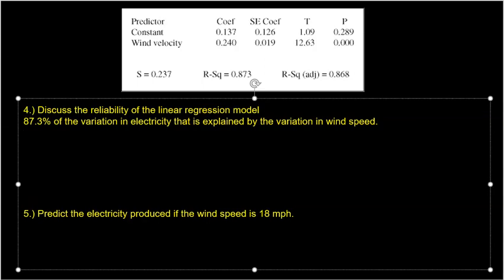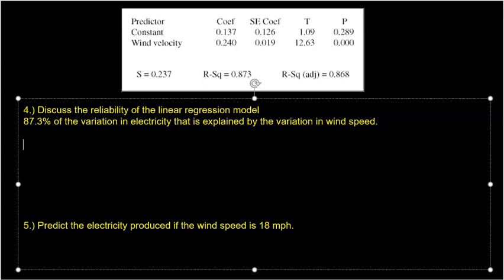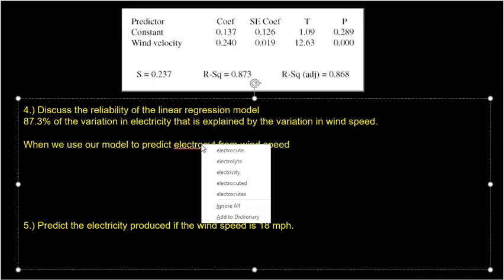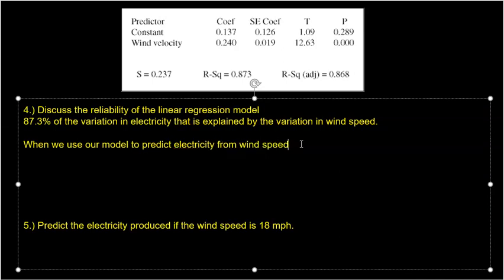All right, up next is S. S is the standard deviation of the residuals. Remember, it's like an average of all of your residuals. So it says something like this: when we use our model to predict electricity from wind speed, we are typically off by about 0.237 amps.